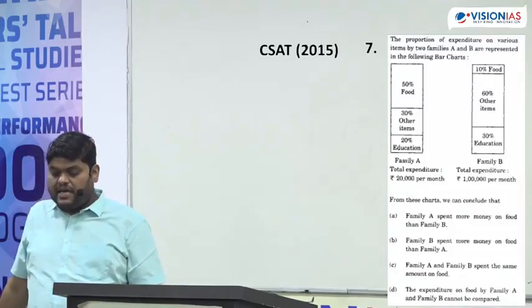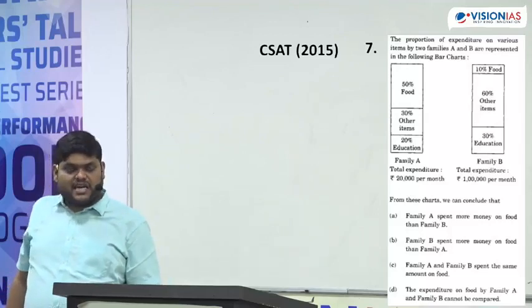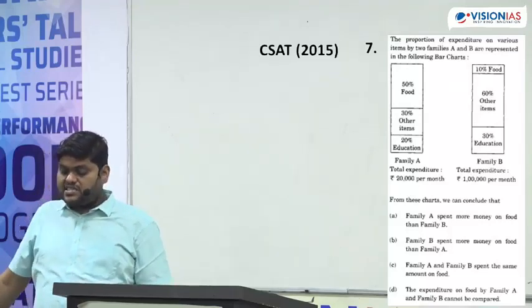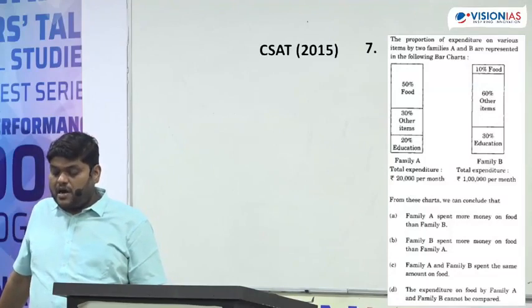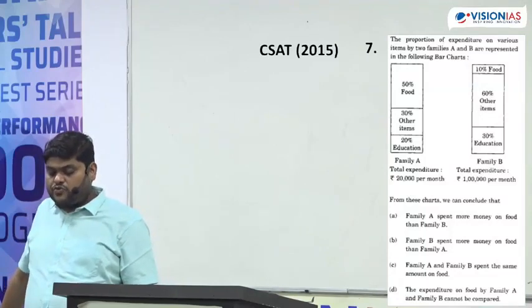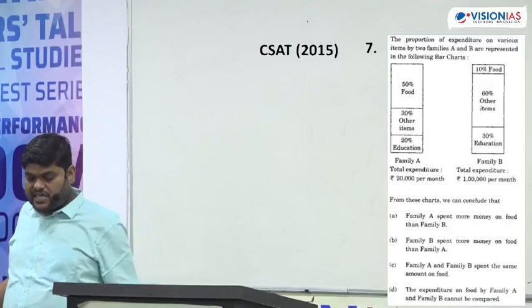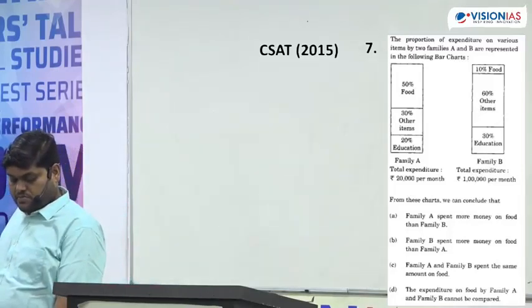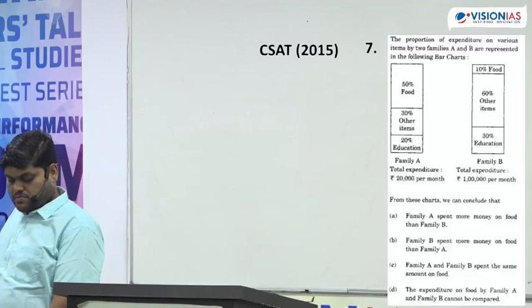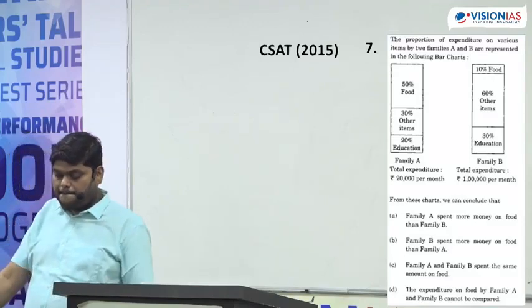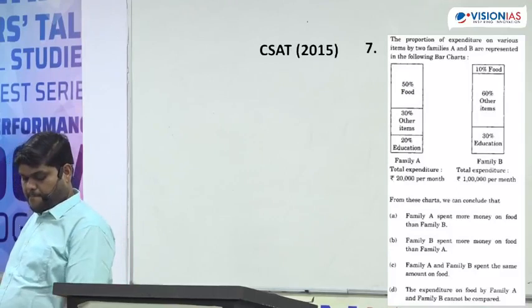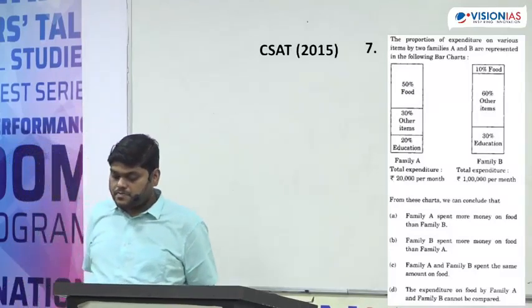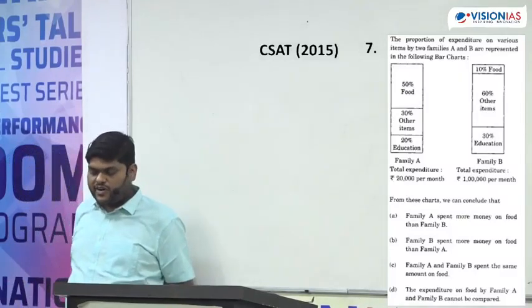Whereas family B, 30% they put on education, 60% on other items, and 10% on food. Now try to give the answer.